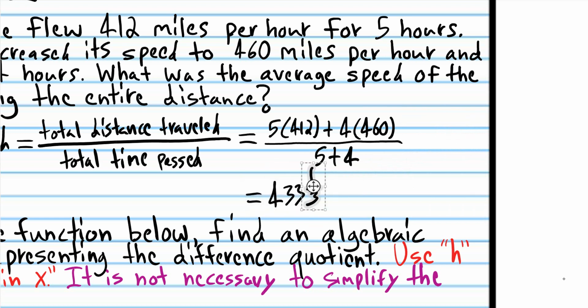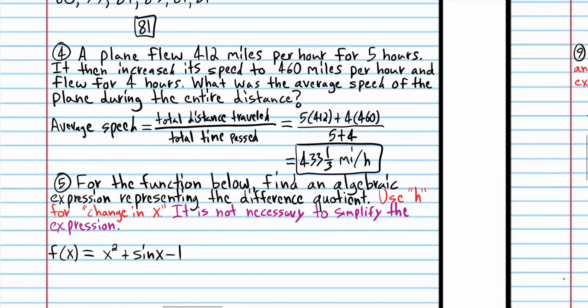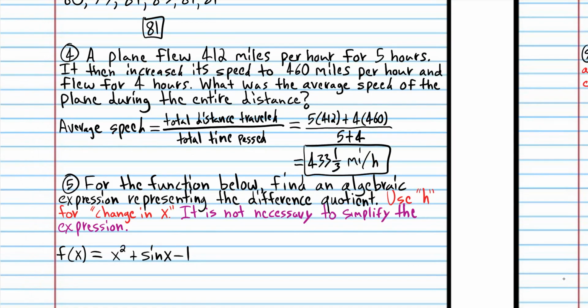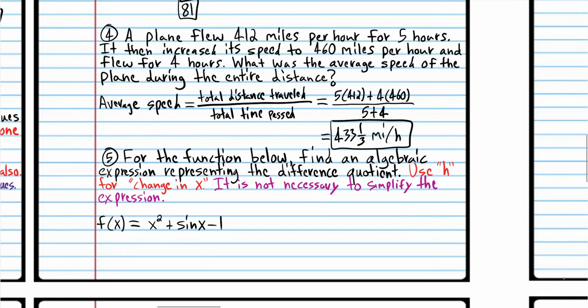Sorry, it's a little scrunched in here. And we have miles per hour. So that is the answer. If you got that right, excellent. Go ahead and try number 5. When you come back, we'll do it together.